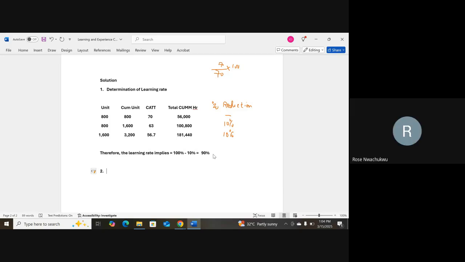I have a question. Okay, go ahead. After adding the second one, what happened to the third one now? Don't you calculate the third one? You mean the total cumulative hour?